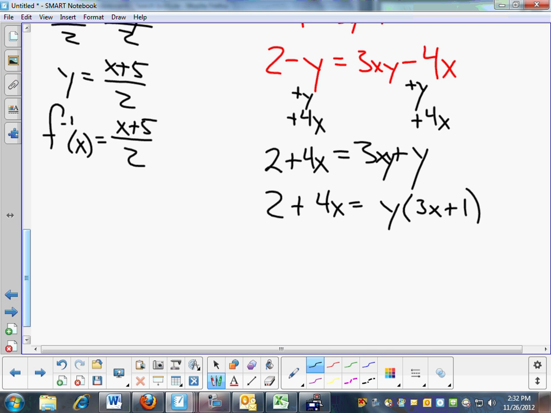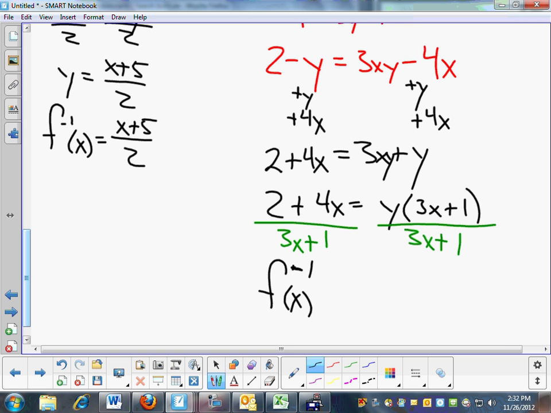Now I've isolated y. What's my last step? Divide by 3x plus 1. Very good. And if you divide by 3x plus 1, you get f inverse of x. Not derivative. Wrong class. F inverse of x is equal to 2 plus 4x over 3x plus 1.